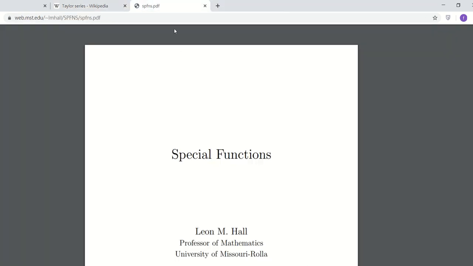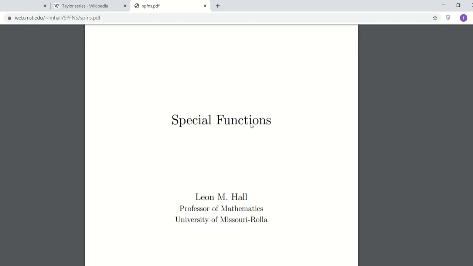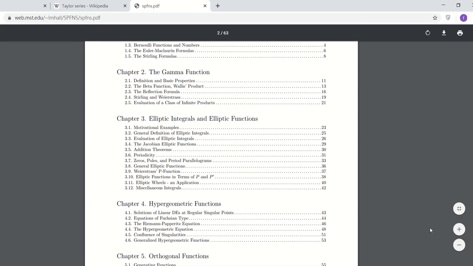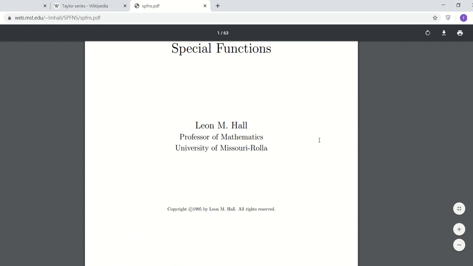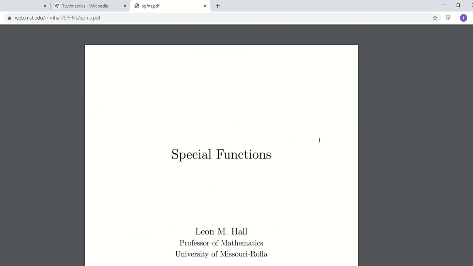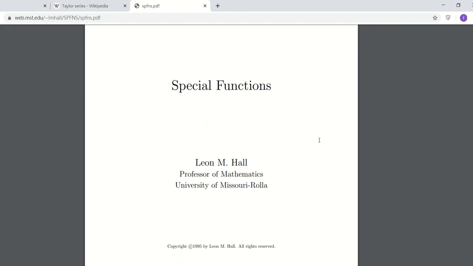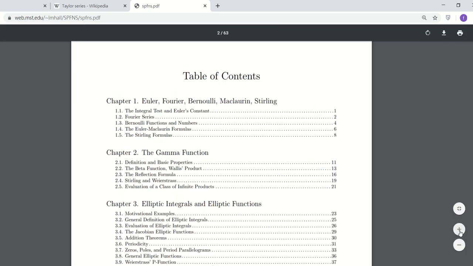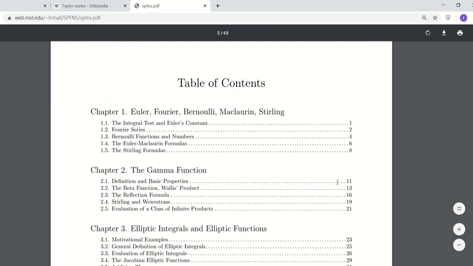Okay, and then let's take a look at the spatial functions. If you just Google spatial functions, you will see a list of a lot of spatial functions. For example, I found a PDF file. You can try to search and take a look at it. Let's zoom in a little bit.